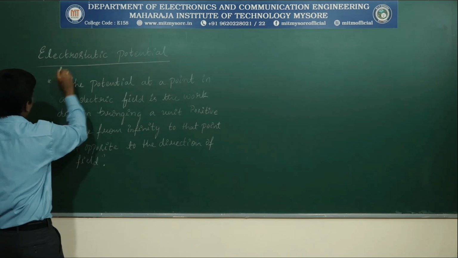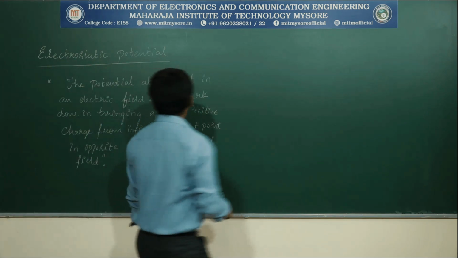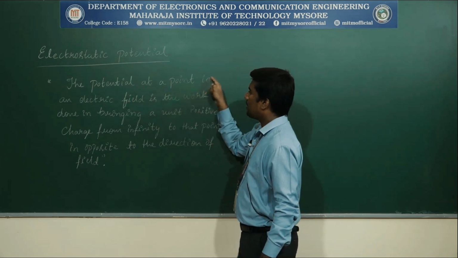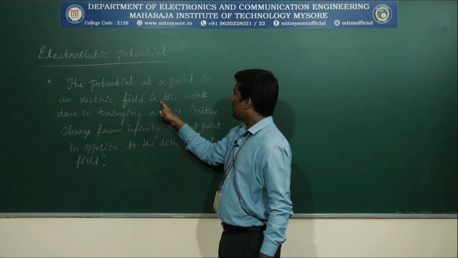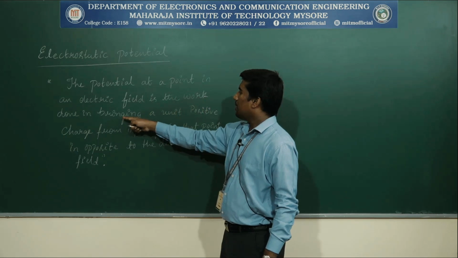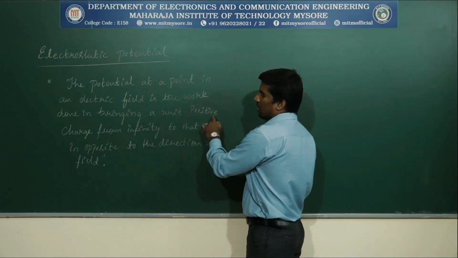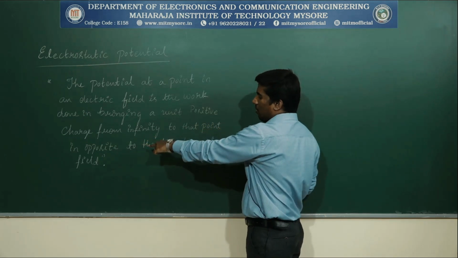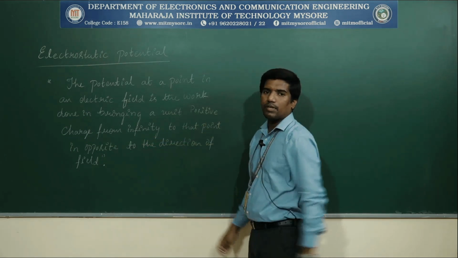This is called electrostatic potential. The electrostatic potential at a point in an electric field is the work done in bringing a unit positive charge from infinity to that point, opposite to the direction of the field.